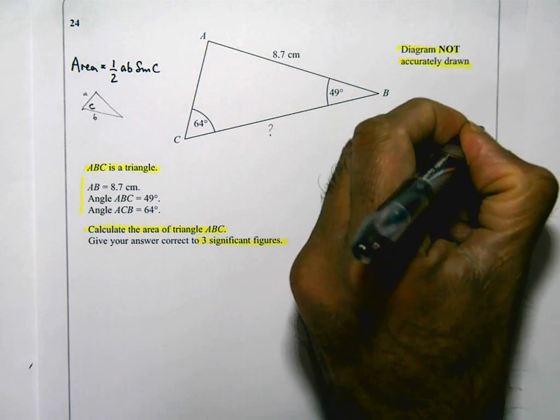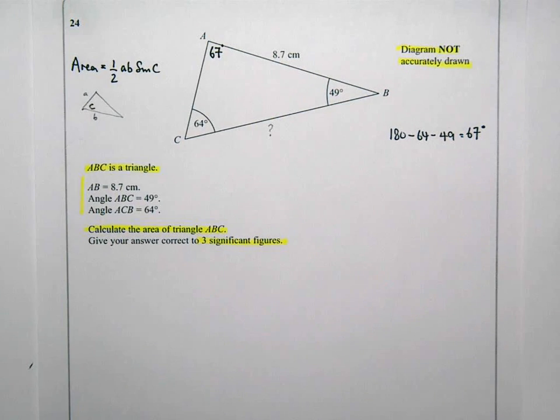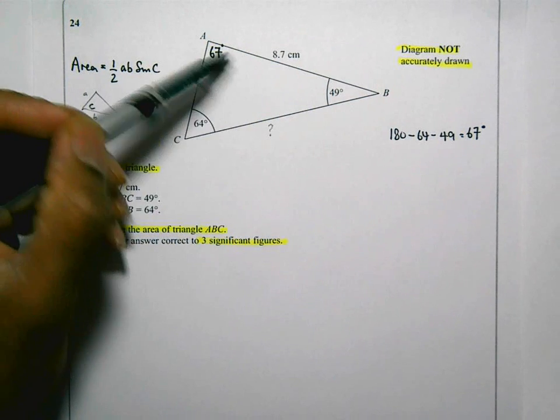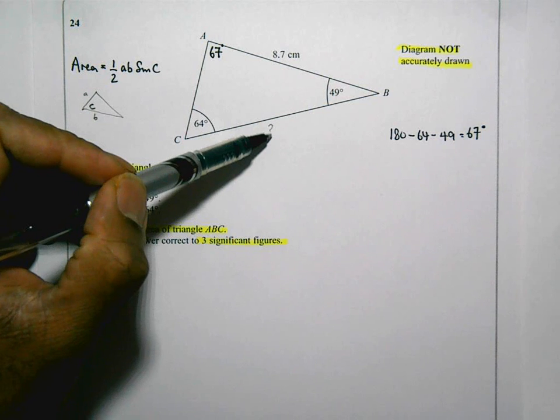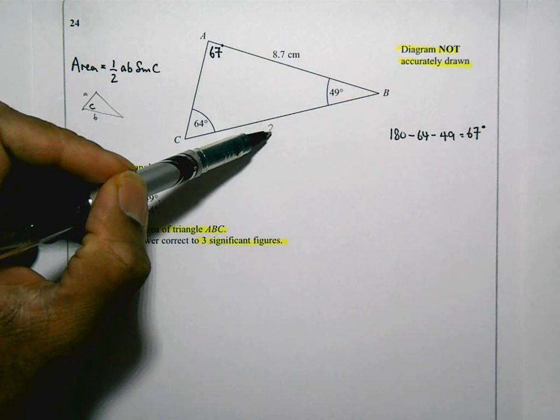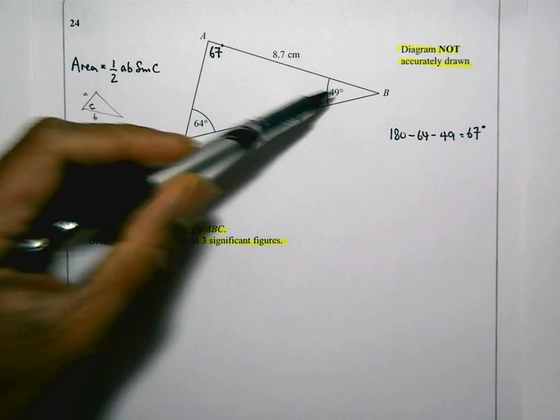So I've worked out this angle at the top here is 67 degrees. So what that means is I could use another technique to help me work out this side, and once I know the length of this side here, I'll have the two sides on either side of 49, and so then I could use this formula here.